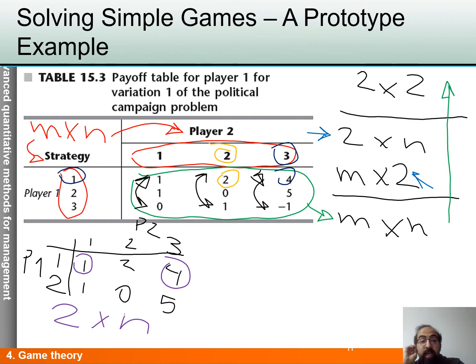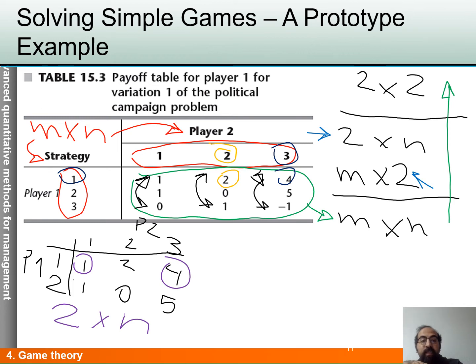Again, while player 1 selects strategy 2, player 2 can select strategy 1 or 2 or 3, but we want to make a decision between 1 and 3 to eliminate one of them.